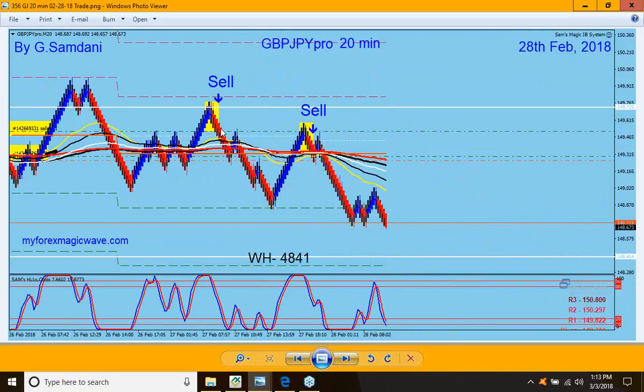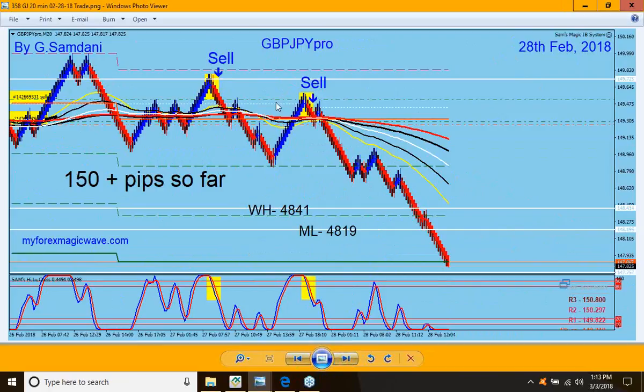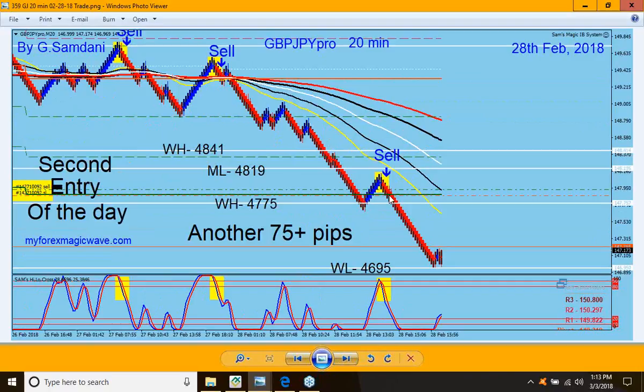Then this one, this entry, and they're both going, and this is what I end up with. From here is 150 pip. From here was like 135 pip. Total, you add them up. And then the same day, another entry. These were my first two entries. This is another entry here after the retracement and coming down. Why? I keep shorting it because our chart shows what?